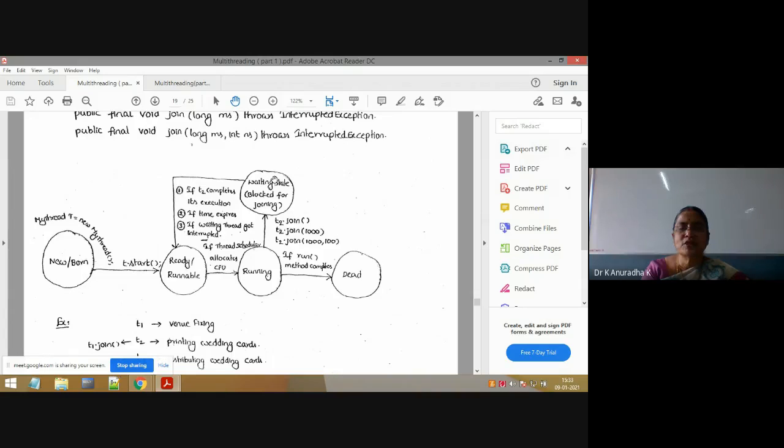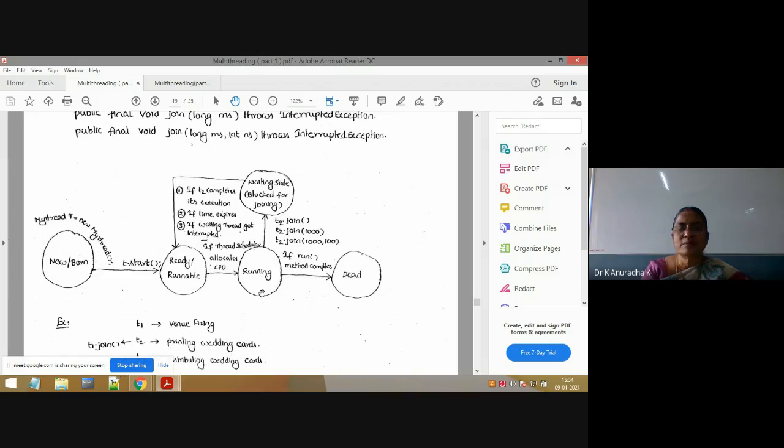Here we have only two threads. When the main thread goes from the running state to the waiting state, one more thread is in the queue, that is the child thread. Then the thread scheduler allocates the CPU to the child thread. Now understand, in the running state we have the child thread, and in the waiting state we have the main thread.